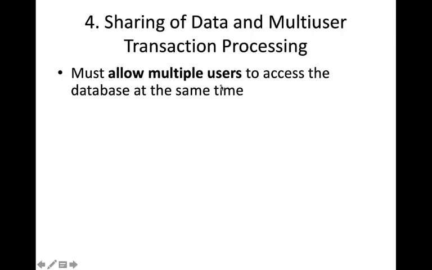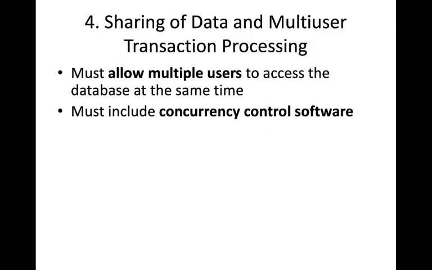You are aware of this when you use an online reservation system: multiple users from different locations will be accessing the same reservation. If you are booking a flight or a train ticket, multiple people will be accessing the same database. So our database should support that, and there should be some concurrency control software.